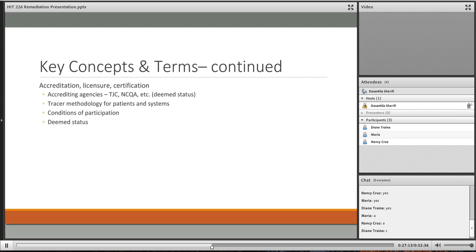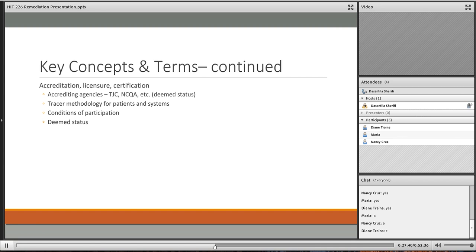So what are some of the accrediting agencies? Of course, the Joint Commission, NCQA, the National Committee on Quality Assurance. Think about Det Norske Veritas, American Osteopathic Association, and there's more. Now, with many of these accrediting agencies, if a facility is accredited by them and they have been partners with Medicare, Medicaid, right, they're considered to have deemed status.